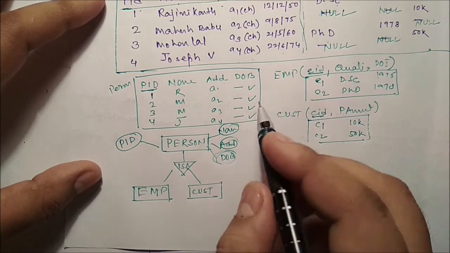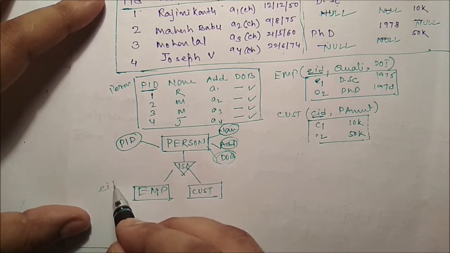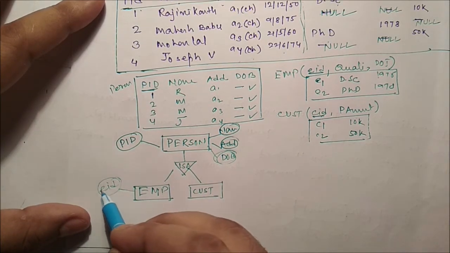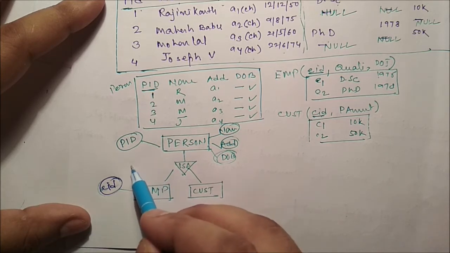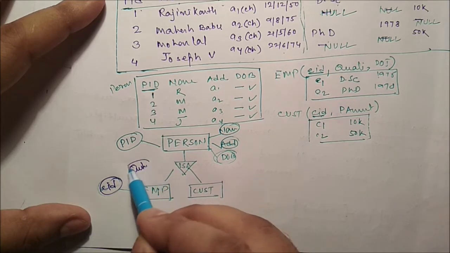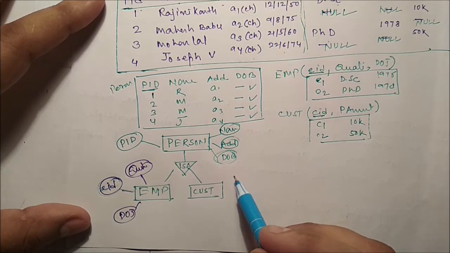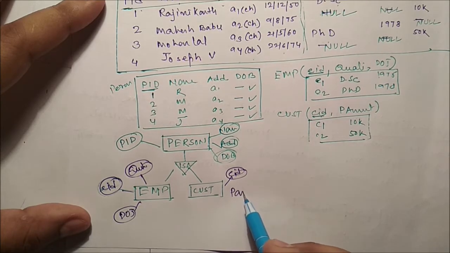We need all this information for the customer and employee persons, but for employee we need employee ID, the qualification and date of joining, and for customer we need customer ID and purchase amount.